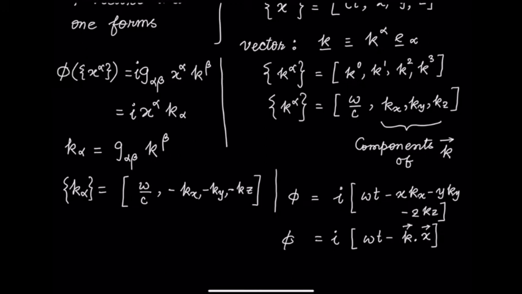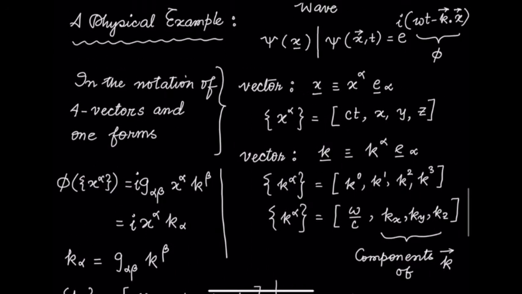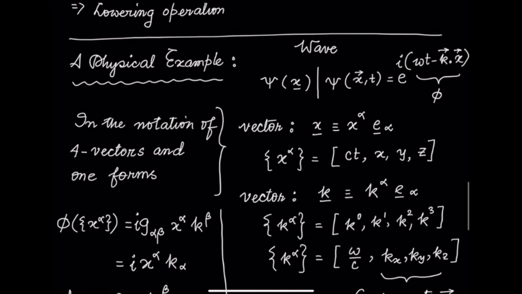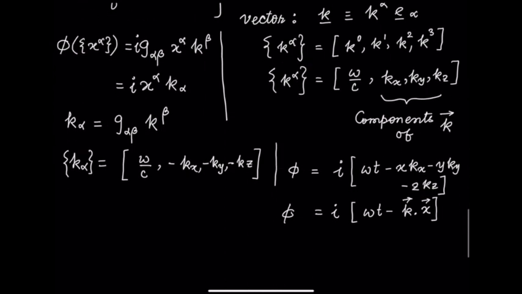Right. So you see, there is an advantage of using this notation. The advantage is the following. Just looking at this phi, nobody will be able to tell that phi is a scalar. But if I write phi this way, so phi we have written as i x alpha k alpha, we know that it is a scalar.